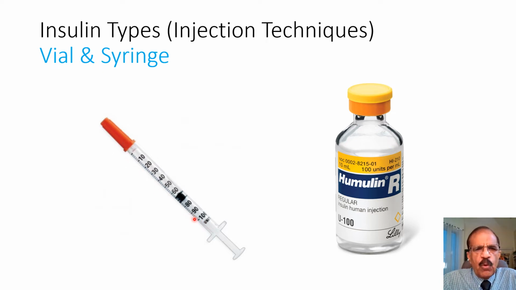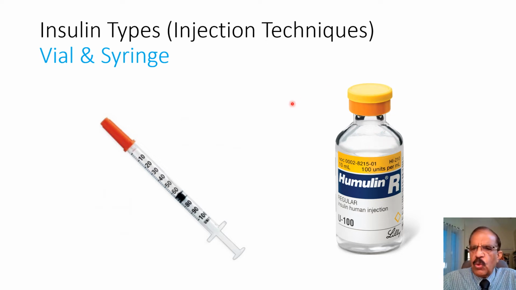For example, if you want to inject 50 international units of insulin, you just fill the insulin up to this level, and every time you will have to use a new syringe, and every time you have to puncture and take some insulin from this.